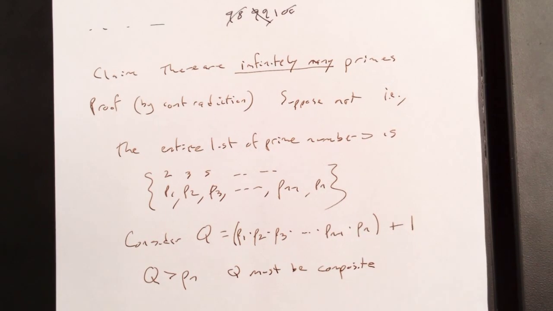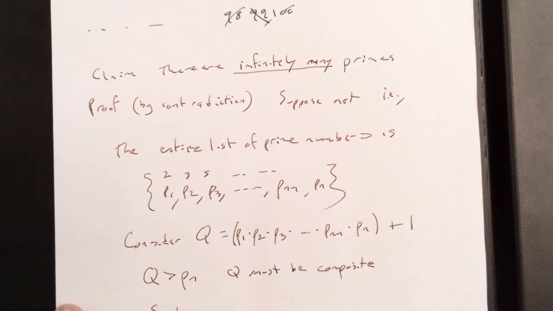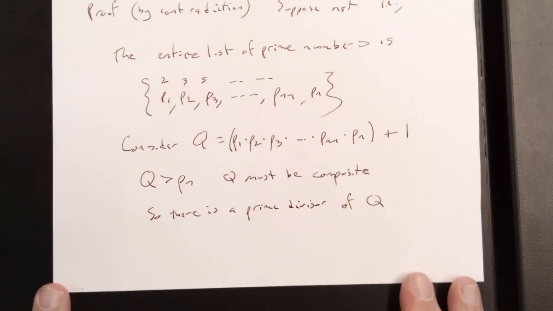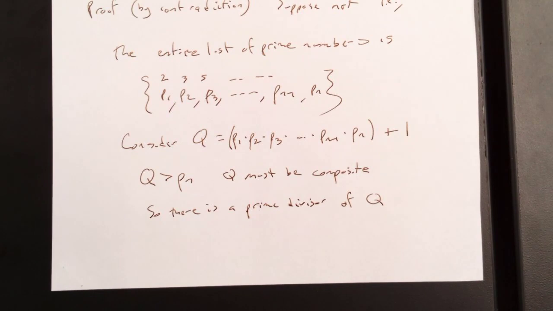But what does that mean? If it's composite, it must have a prime divisor. I don't know what that prime divisor is. I have no idea.